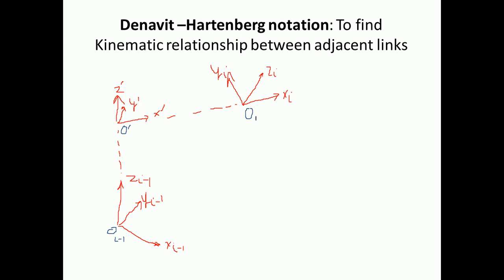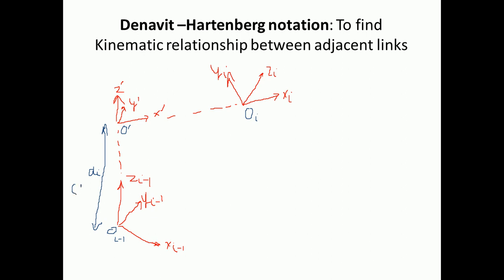Okay. So the first step which we have to do, we have to translate in z direction, and this distance is going to be represented by di, and this is called the joint offset.